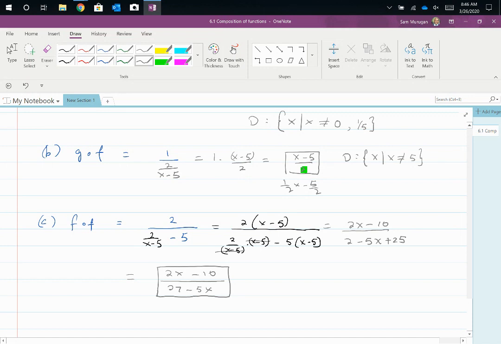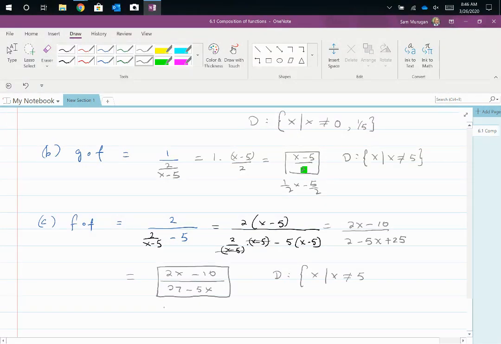Now, remember that for the f function, we cannot have 5 in the domain. So this is really important here. x cannot include 5.